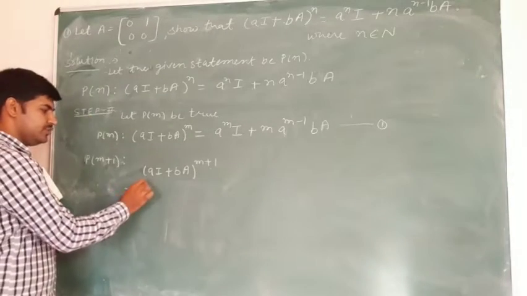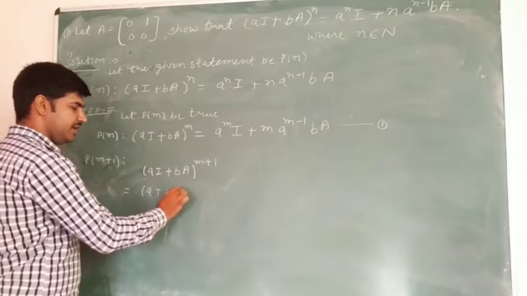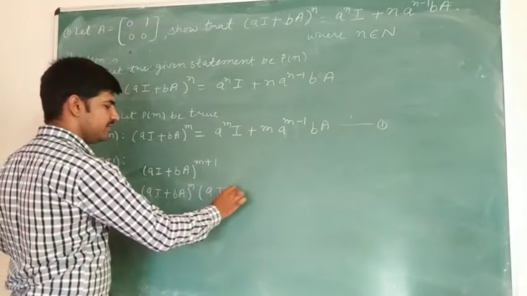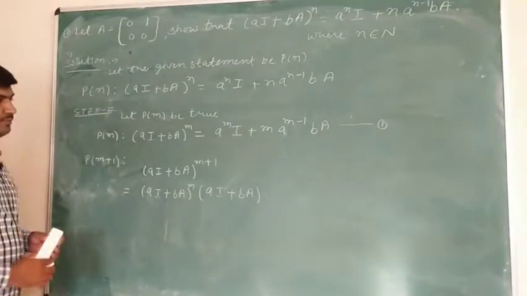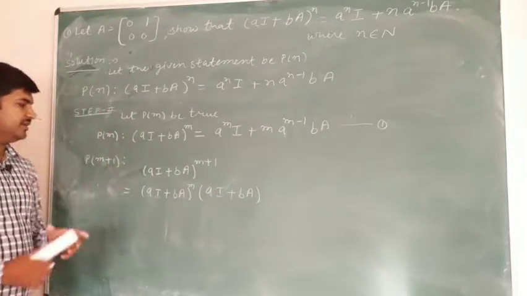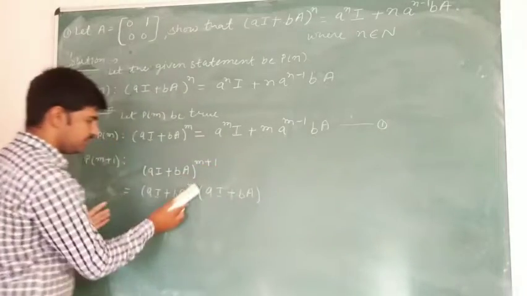Now that is equal to (aI + bA) raised to the power m times (aI + bA). So from equation number first I can put the value of Pm here.